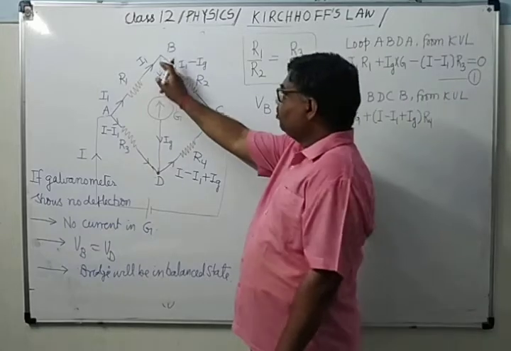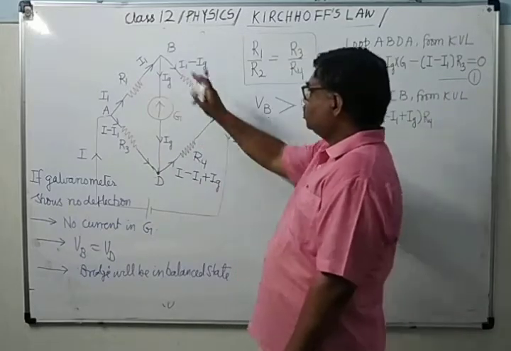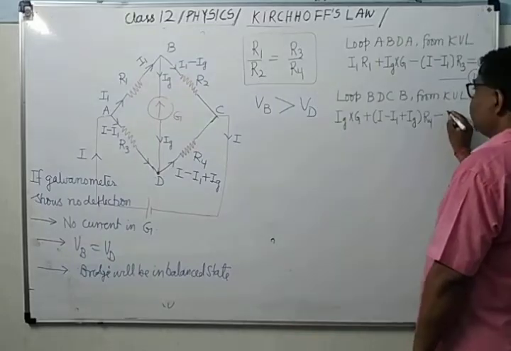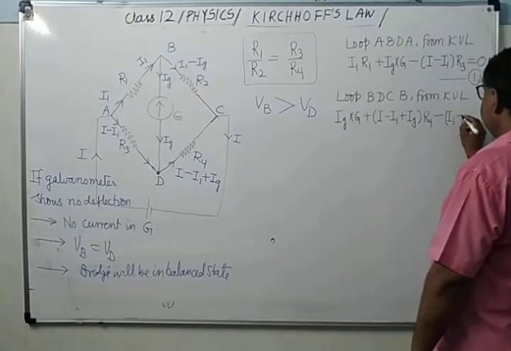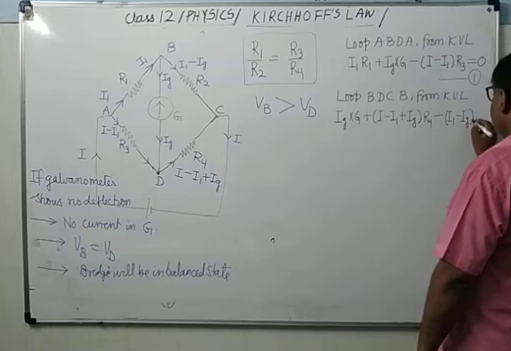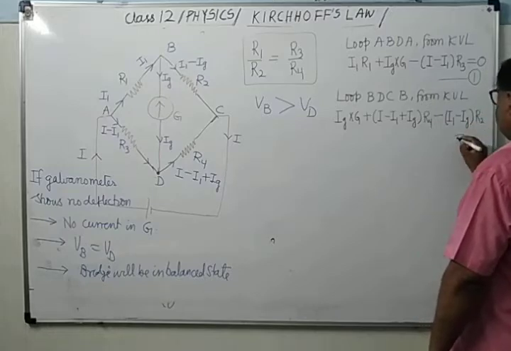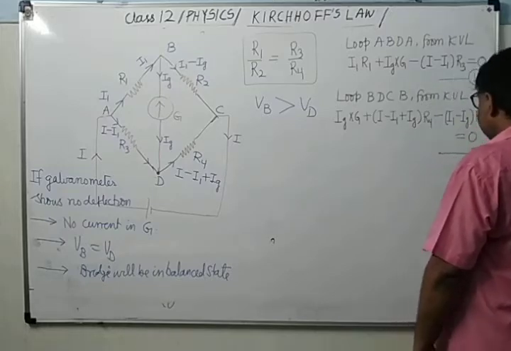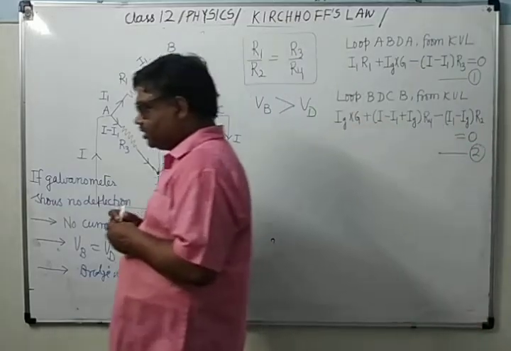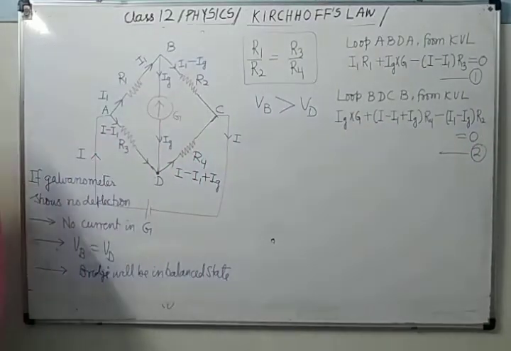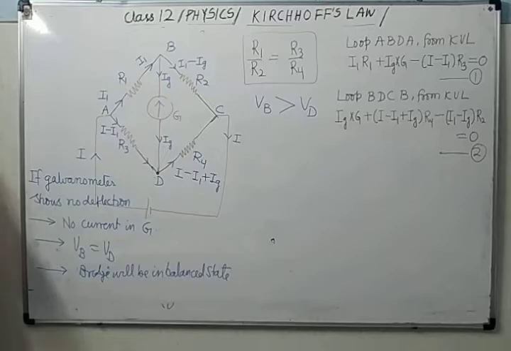Here IR will be negative because you are moving opposite. So what will be this? Minus I1 minus Ig into R2. Here also there is no source of EMF, therefore on the right side sigma E will be 0, because in that loop there is no source of EMF.